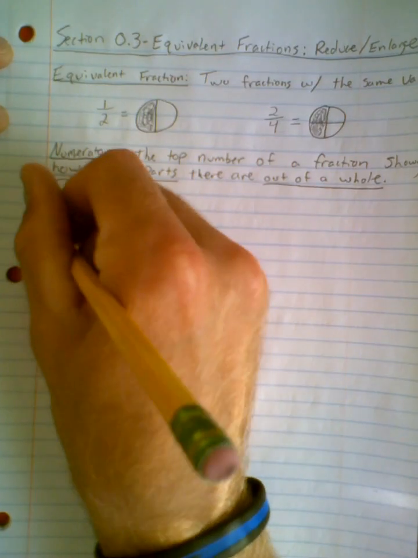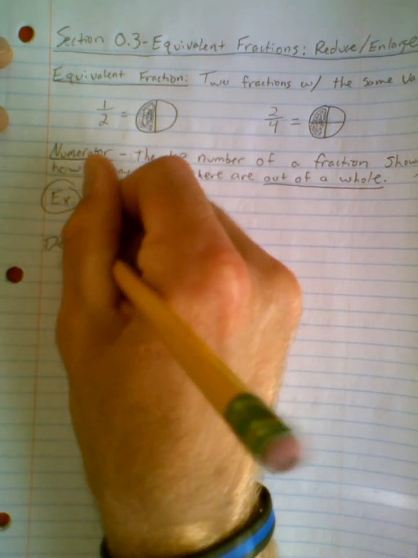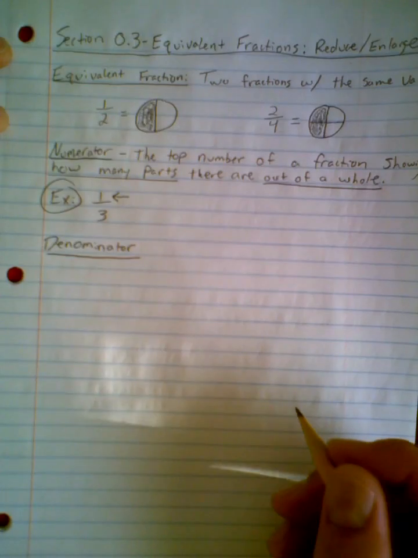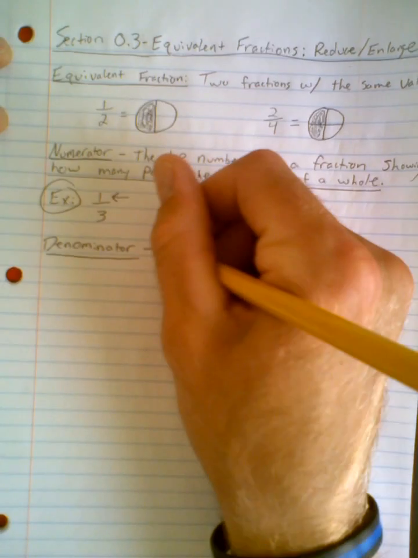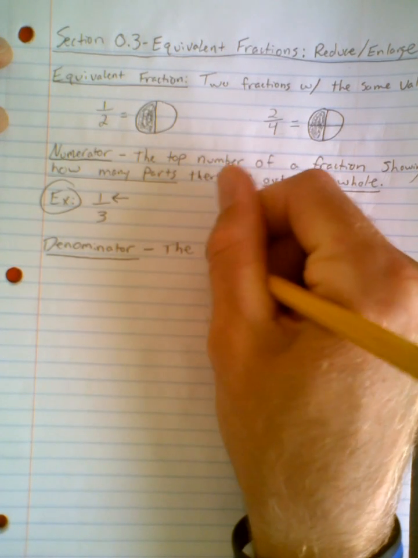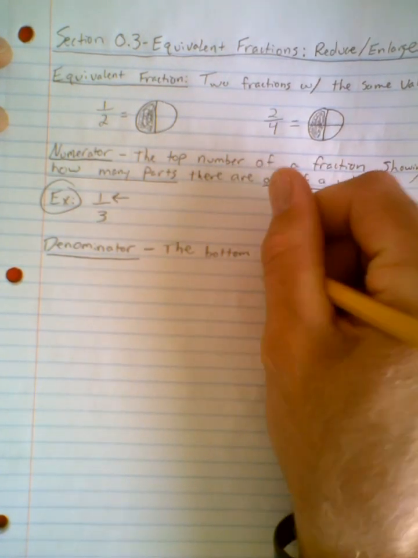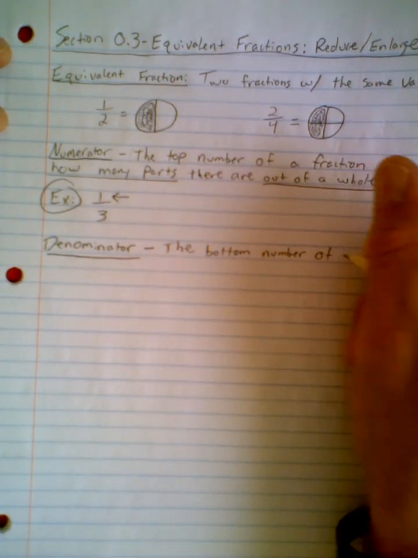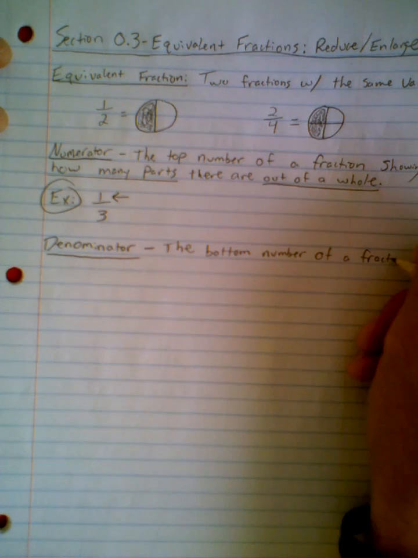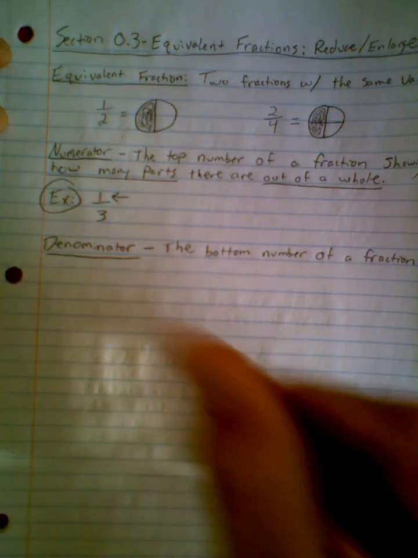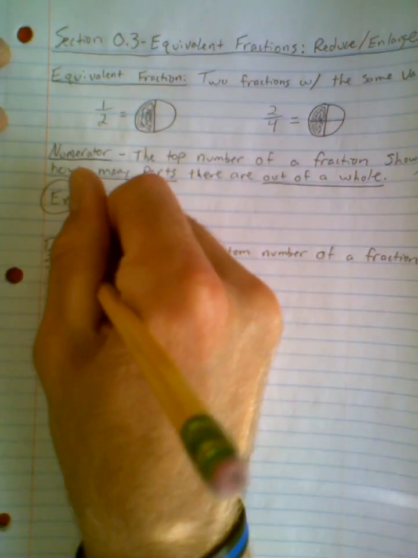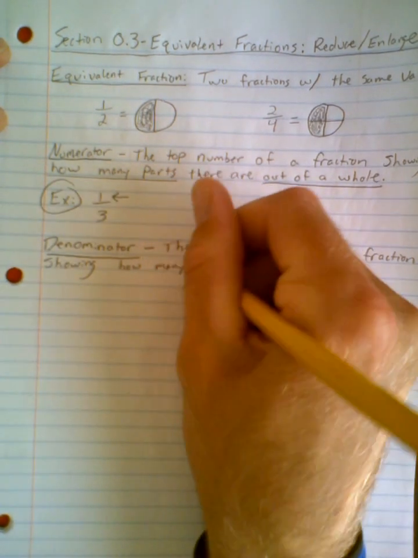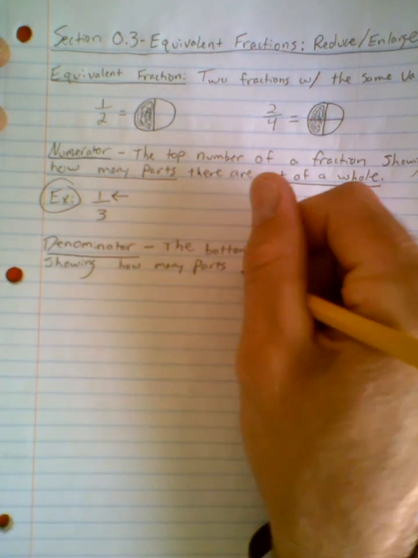Now the other half of your fraction is called your denominator. Your denominator, it's a pretty cool term. Denominator is the bottom number of a fraction. The bottom number of a fraction showing how many parts in total.